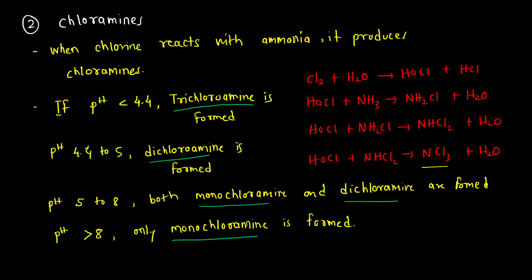That means among these four, the strongest disinfectant will be monochloramine. So if we see the order of powerful amines, the most powerful is monochloramine, then after that there is dichloramine, and the last one is trichloramine. Okay, so based on the pH values we can judge this.